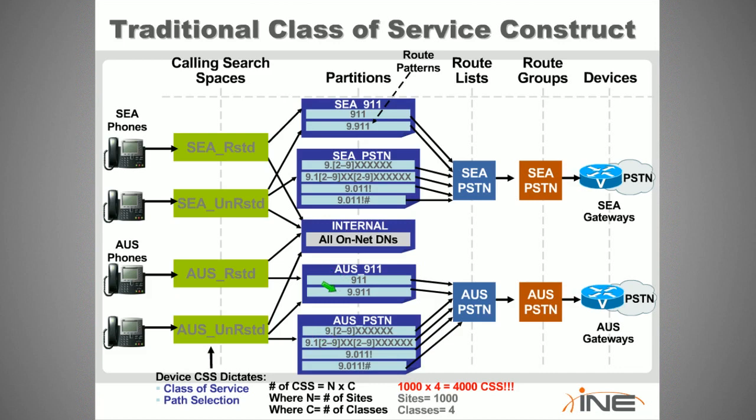So 1,000 911s, one for every site, 1,000 9.911s, one for every site, 1,000 locals, 1,000 long distance partitions, 1,000 international, and 1,000 international with that hash for interdigit timeout. We've got 6,000 patterns that we have to create here.